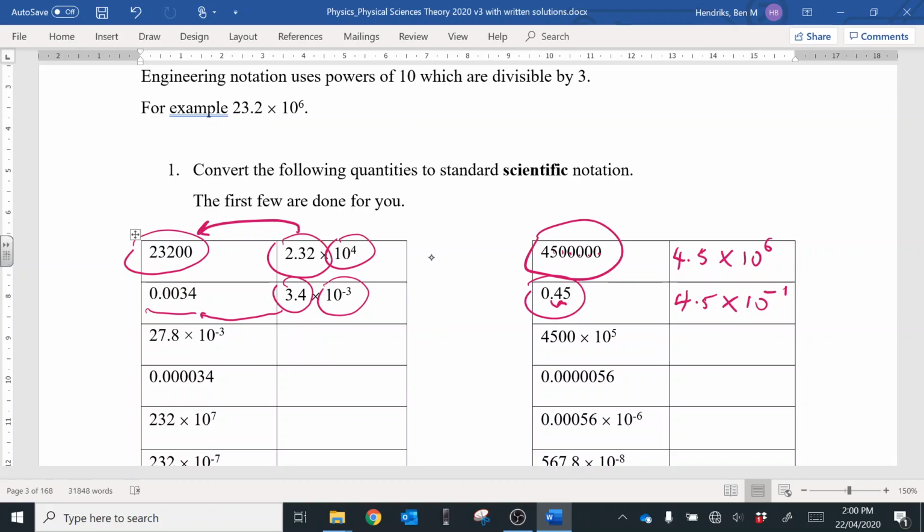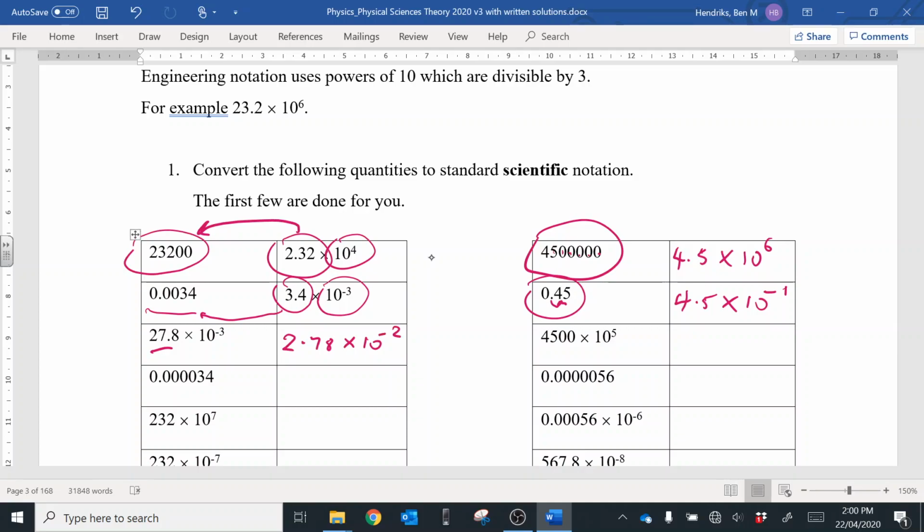Let's go over here now to 27.8 times 10 to the 3. We want to express that as 2.78 times 10 to the power of something. If we go from 2.78 to 27.8, we have to times that by 10, so in effect this becomes times 10 to the 4.